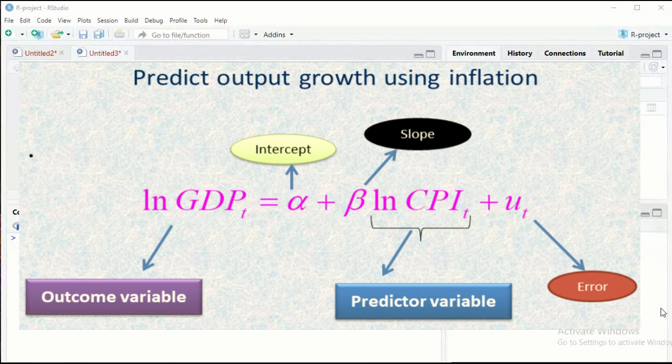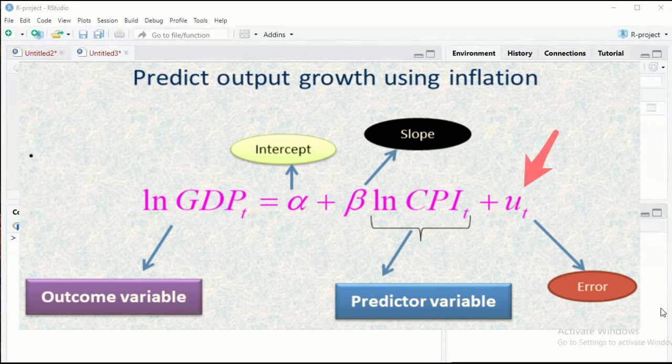In this specification, ln GDP is the outcome variable, that is the dependent variable, and ln consumer price index is the predictor variable that is used to predict the value of ln GDP.